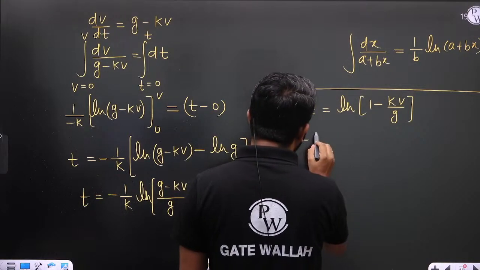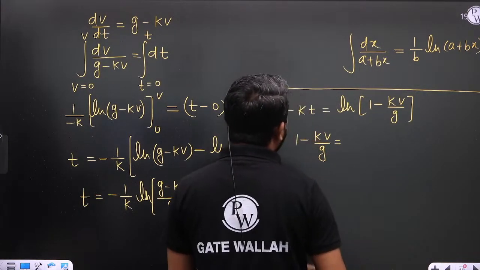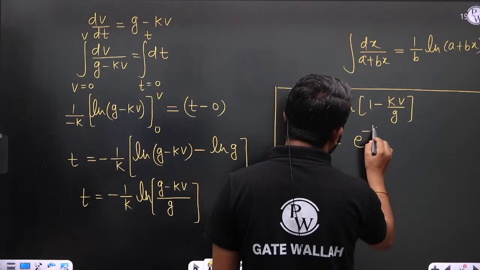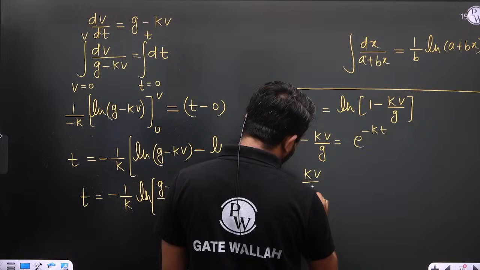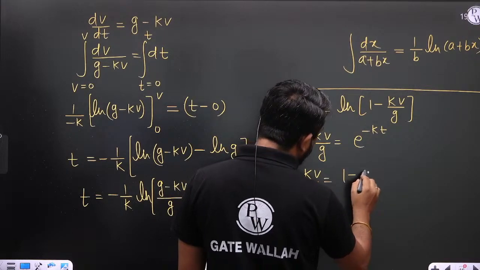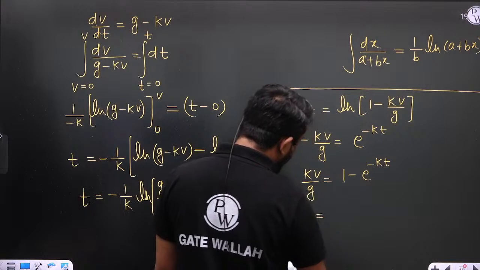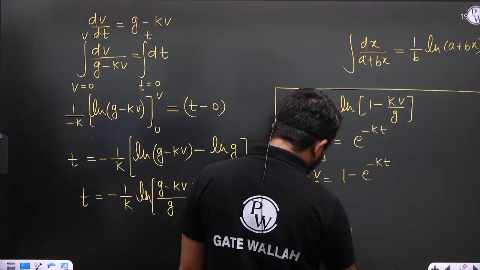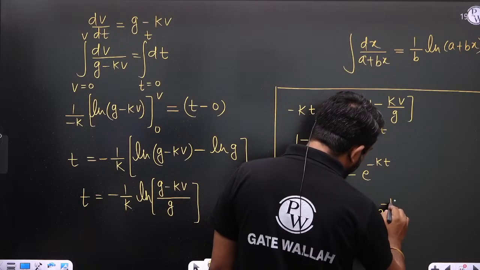So 1 minus kv by g is equal to e to the power minus kt, and kv by g is equal to 1 minus e to the power minus kt, or we can say v is equal to g by k, (1 minus e to the power minus kt).